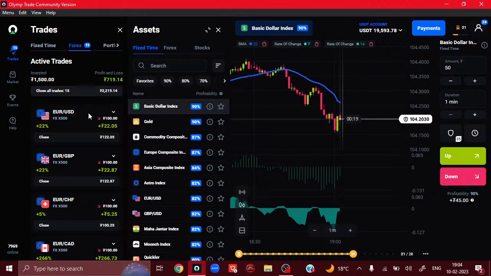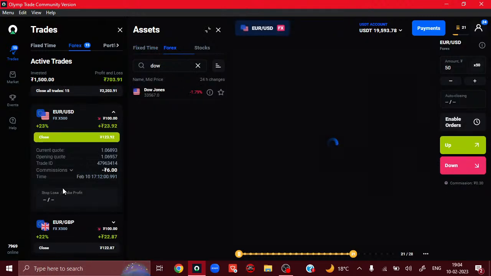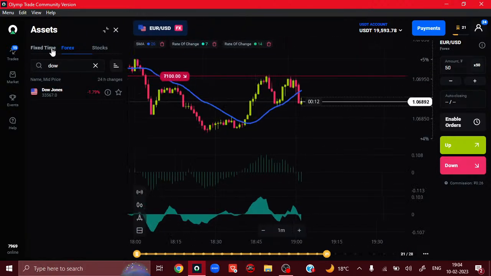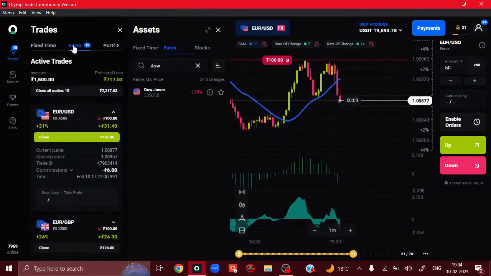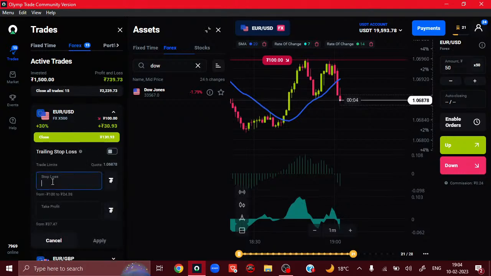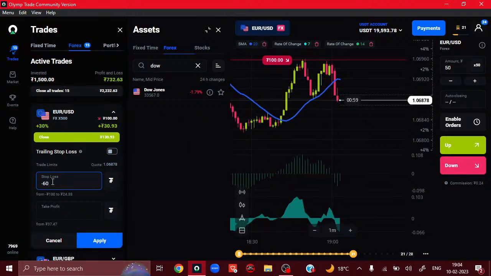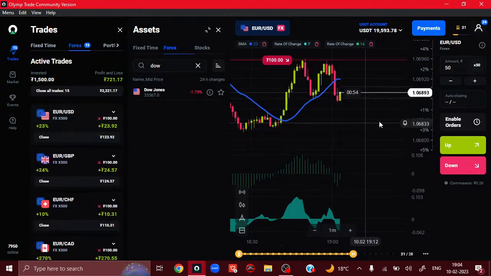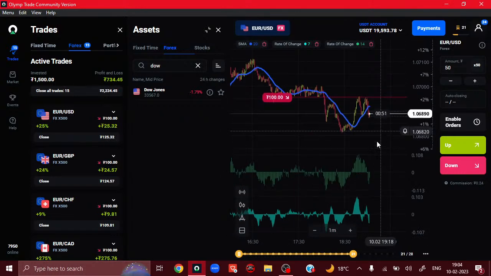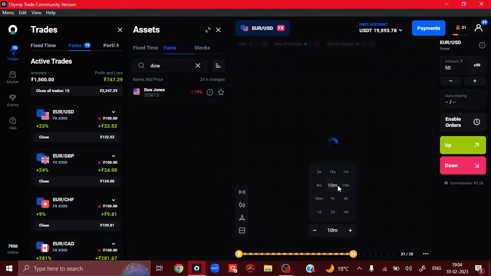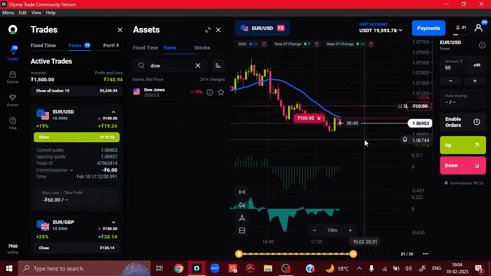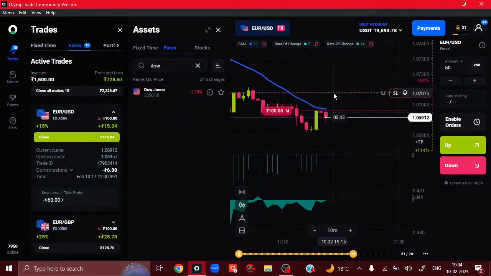Okay, you can see that my forex trade is going on right now, and in any ongoing trade, if I want to use the stop loss or take profit, I will go to the trade section in forex, and in any ongoing trade I can enter the stop loss. For example, let's say minus 60%. Once I click on minus 60% and apply, you can see that my stop loss will be applied, and this is the stop loss line here, this dotted red line you can see.